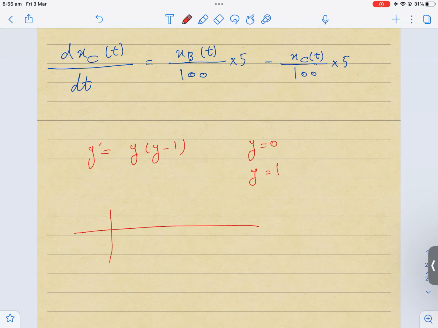Let's write y equals 1, y equals 0. This here is y.